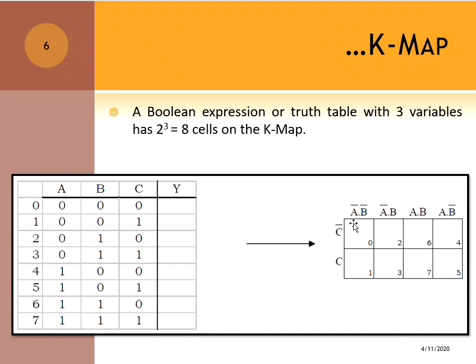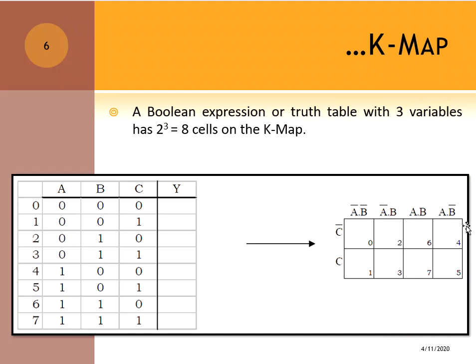So starting with A bar, B bar, then followed by the next cell that differs in only one variable, A bar dot B, followed by another adjacent cell, which differs in only one variable, A dot B, and then the last one, A dot B bar.